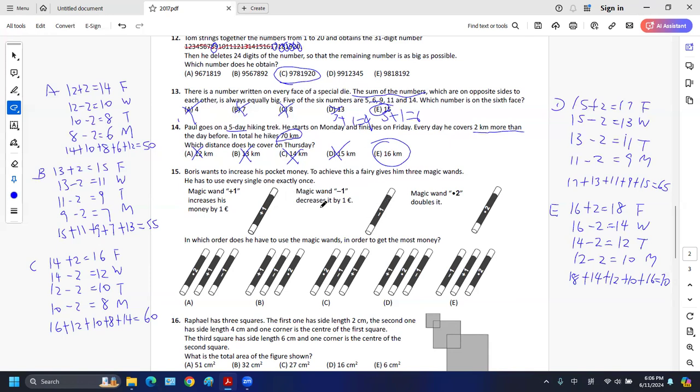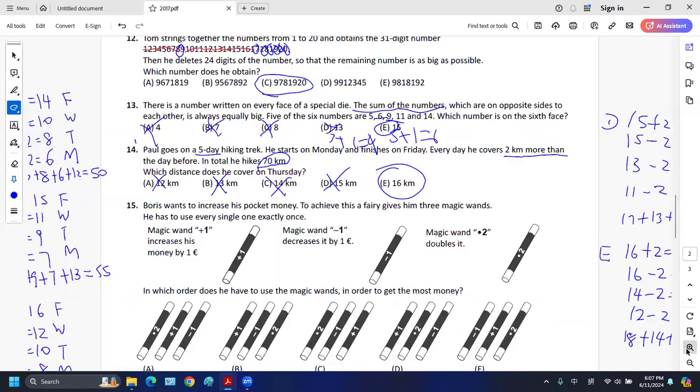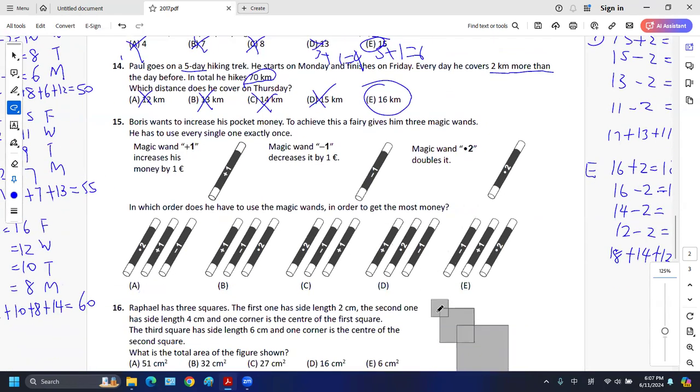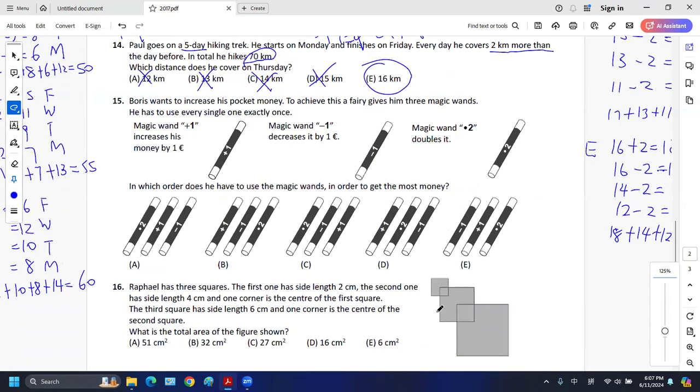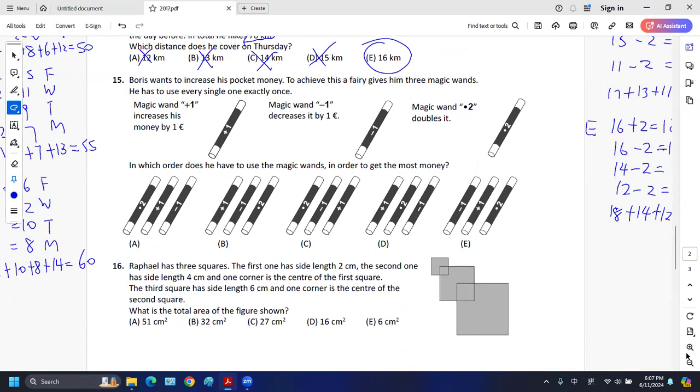This magic wand decreases it by €1. This one doubles it. In which order does he have to use the magic wands in order to get the most money?